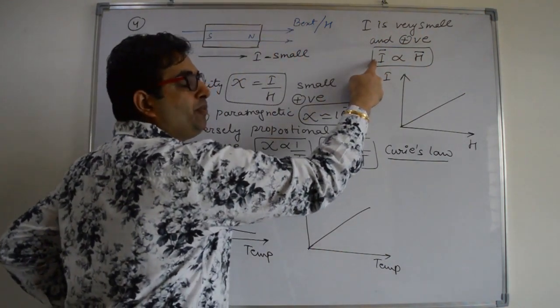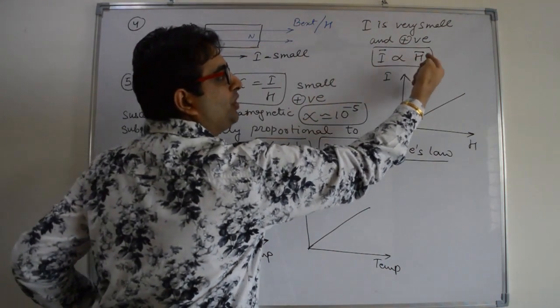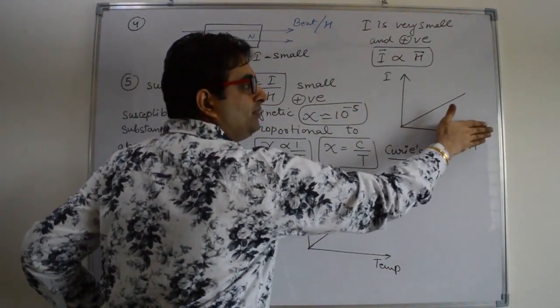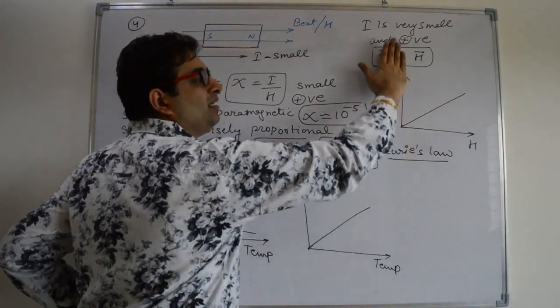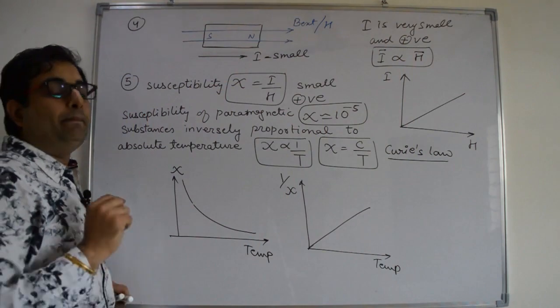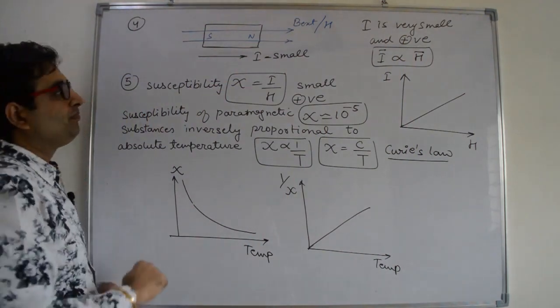And the intensity of magnetization is directly proportional to H. As we increase the value of external magnetic field, automatically the intensity of magnetization will also increase, but by a small amount.